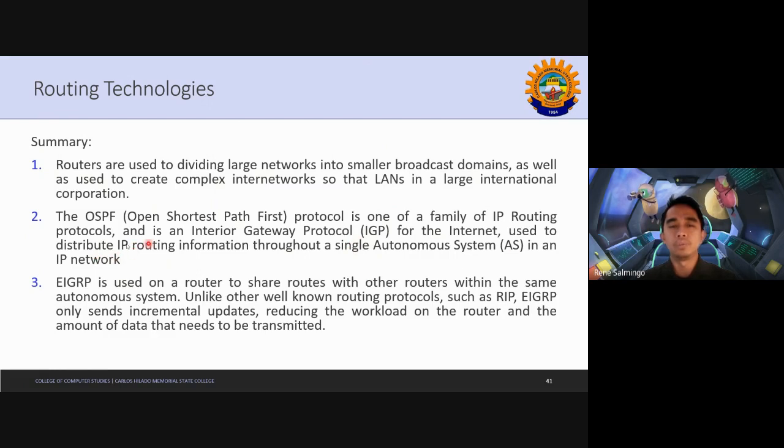It is used to distribute IP routing information throughout a single autonomous system in an IP network. Also, we have EIGRP, which is used on a router to share routes with other routers within the same autonomous system.